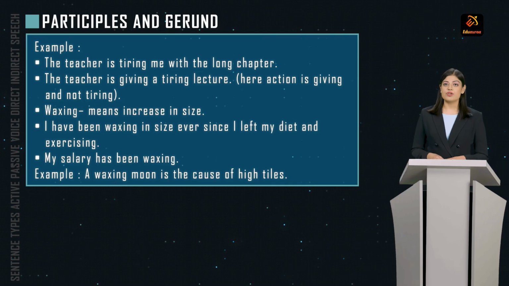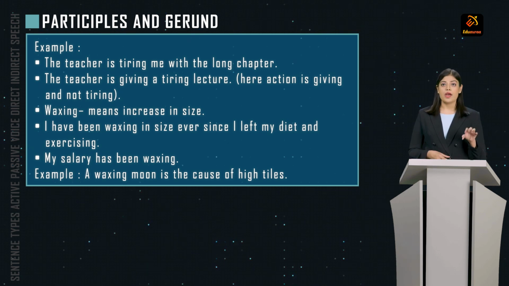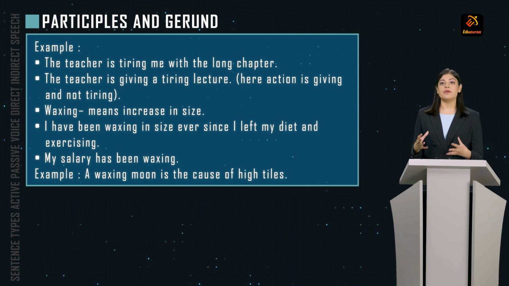In this sentence, the word waxing is an adjective. It's describing moon. Now, moon is my subject. Subjects are nothing but nouns. And the word waxing is describing the noun, so it's an adjective. So you see, participles are actually verbs that play the function of adjectives.